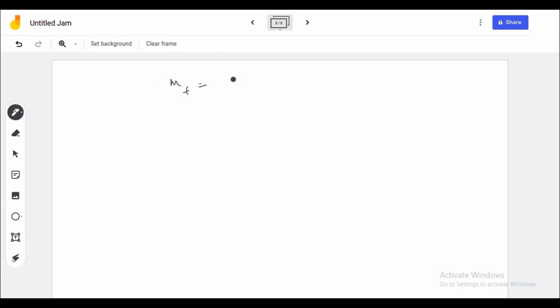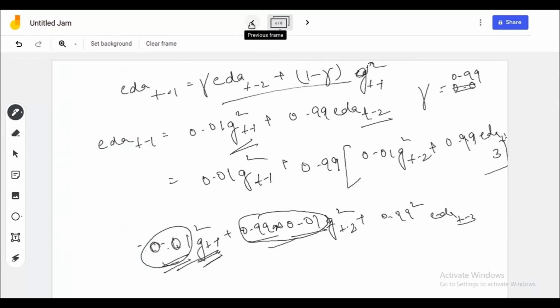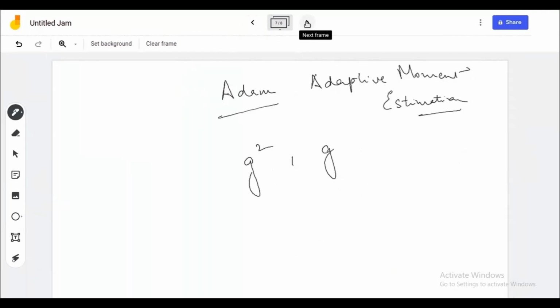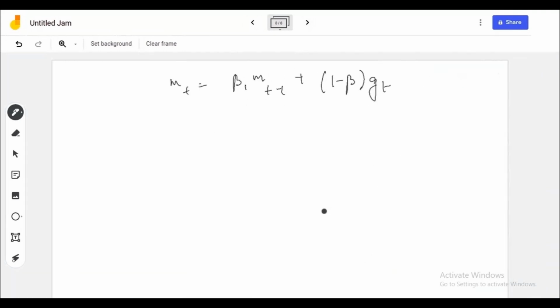Now these are the equations for Adam. So this is m t equals beta 1 times m t minus 1 plus 1 minus beta 1 times g t. Now this is quite similar to the equation for Ada delta. So this is basically the EDA, or kind of a momentum term, for m t. Here v t is equal to the same thing: beta 2 times v t minus 1 plus 1 minus beta 2 times g squared t.